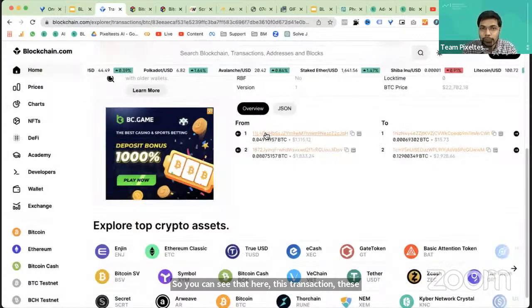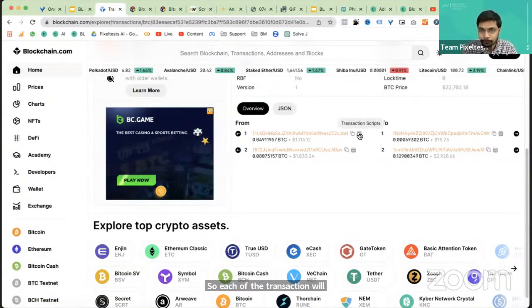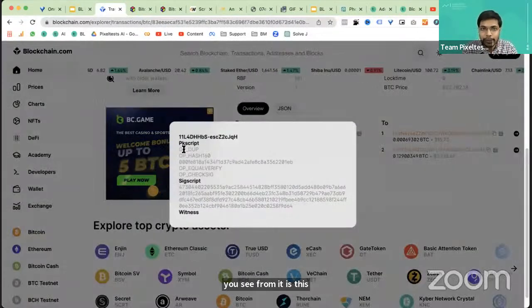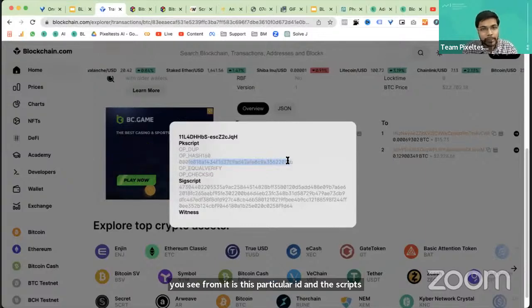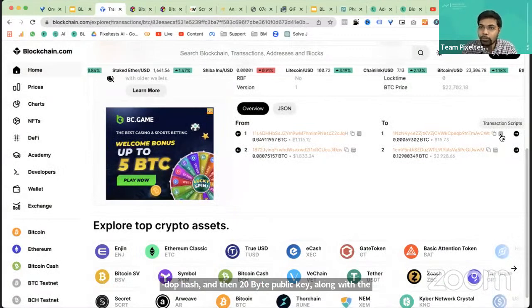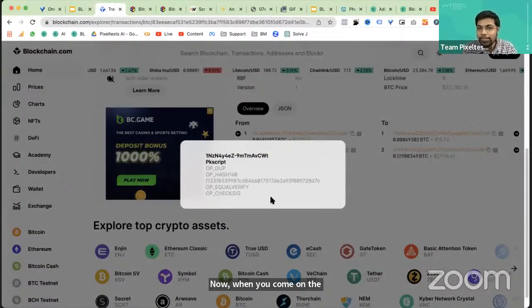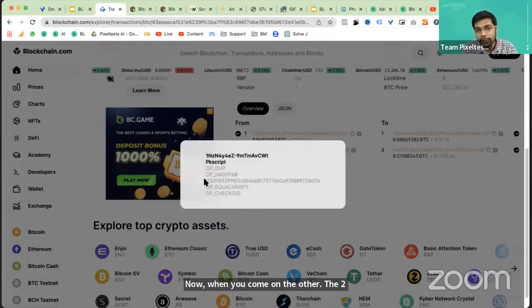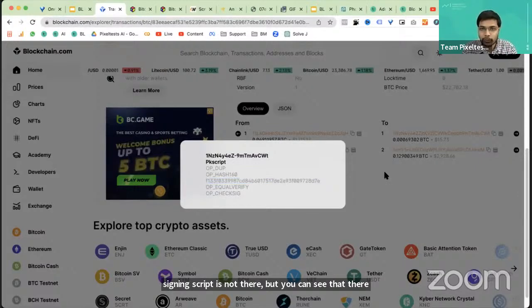So now you see from this particular ID, the scripts for that have the same OP_DUP, hash, and then the 20 byte public key along with the signing script. Now, when you come to the other one, here the signing script is not there, but you can see that there is the public key hash, the public key script is all there.